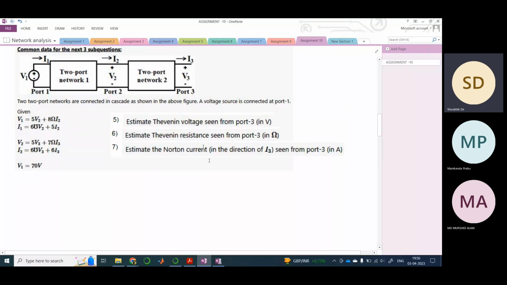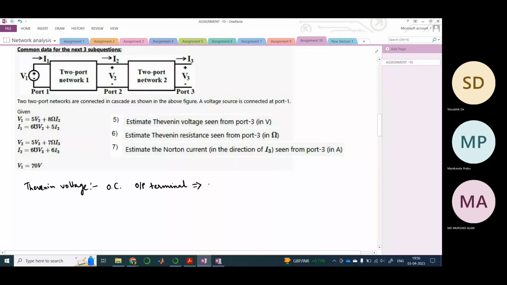When we calculate Thevenin voltage, we open circuit the output terminal, the terminal across which we want to calculate the Thevenin voltage, which means my I is 0, right? So looking at this, I3 would be 0, simple, because we are open circuiting port 3.